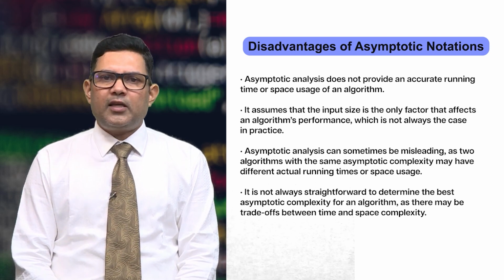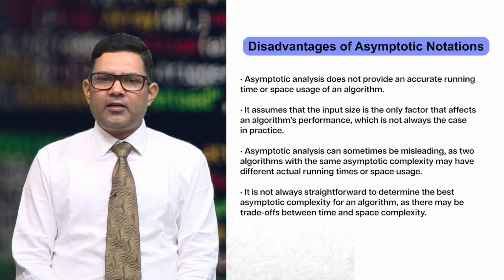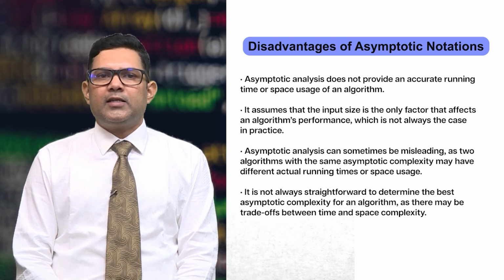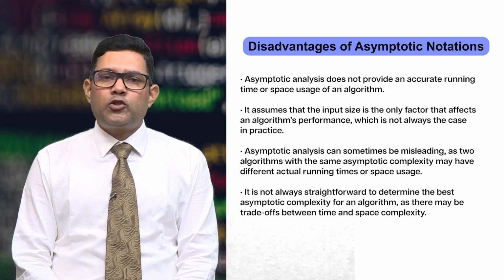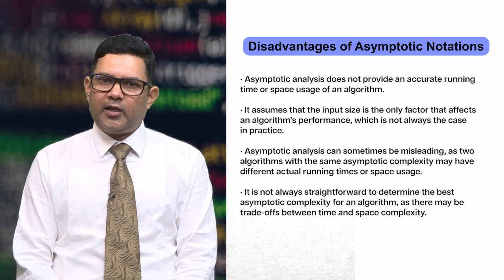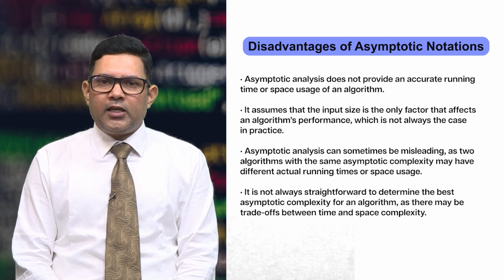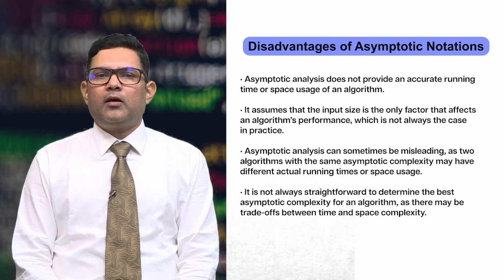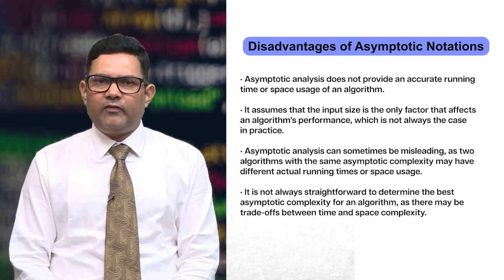Sometimes it is observed that two different algorithms have the same time complexity, but actually they are not the same. Asymptotically they may be equal, but in real value they are not equal. So sometimes it provides misleading values.